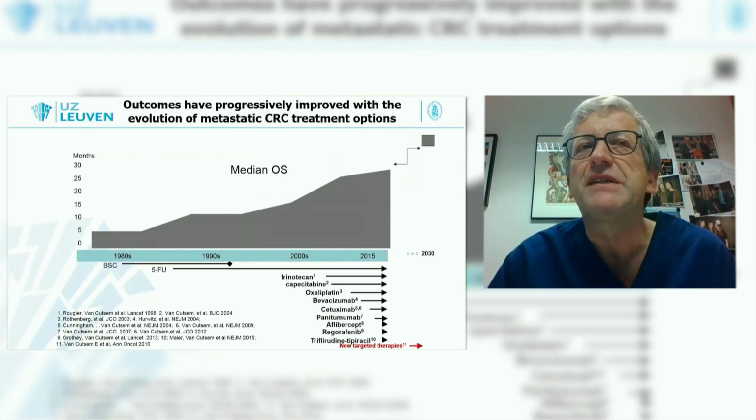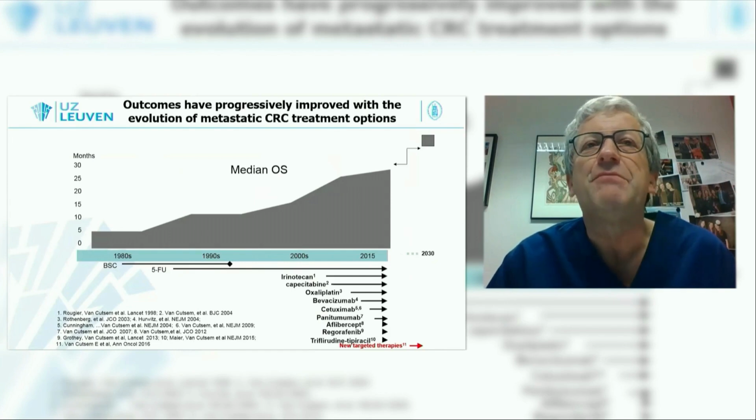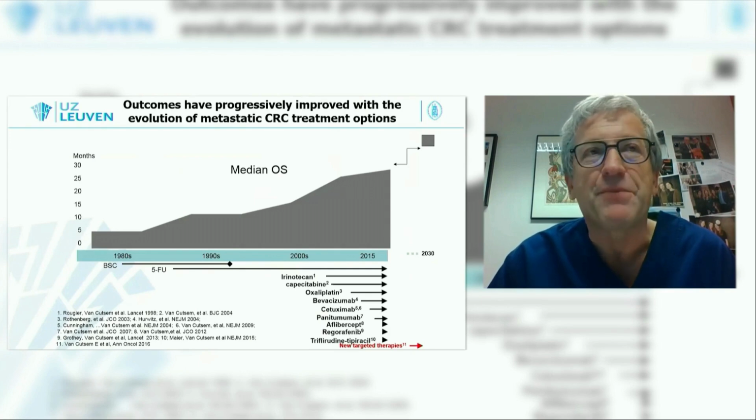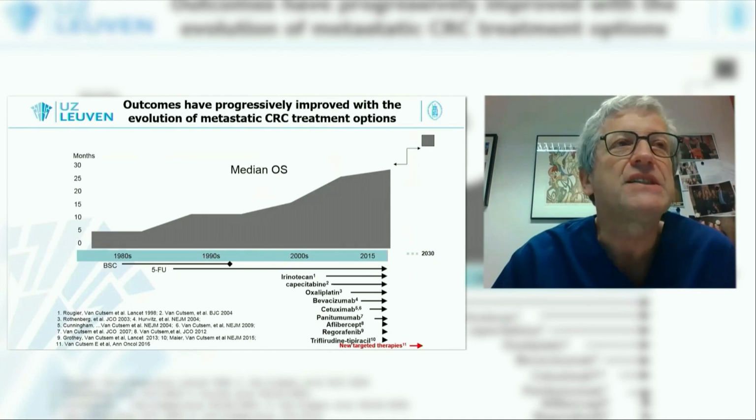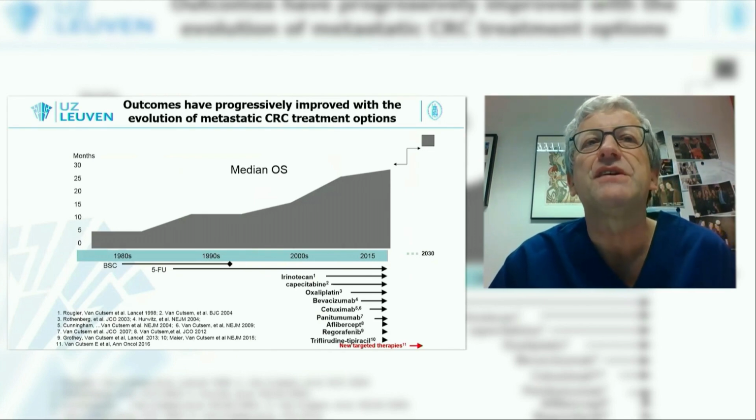So the endoscopist is an important player in the multidisciplinary team, in the multimodal approach of patients, in the management of early cancers, but also increasingly in patients with advanced disease, in the modern management of colorectal cancer.